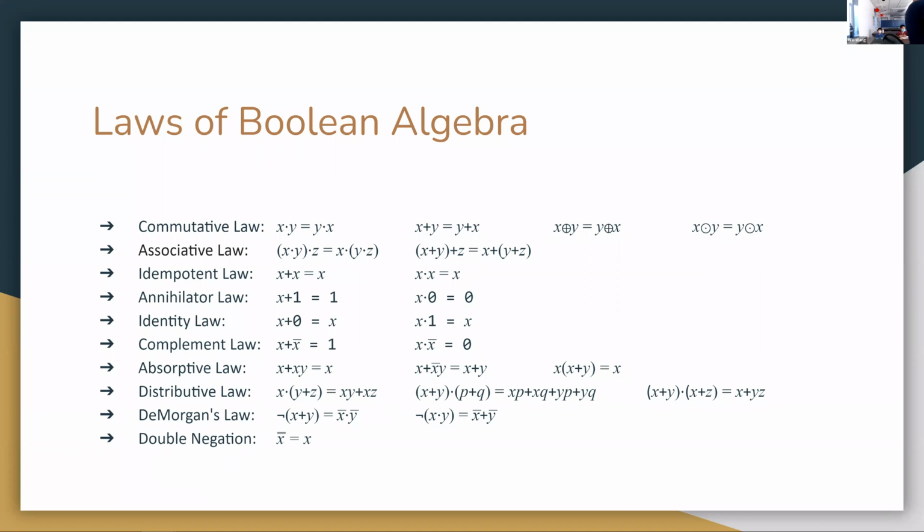The reason that we're going through these laws is that the questions that come up in the ACSL contest are basically, let's say they give you a complex expression, a long one, and they ask you to simplify that.